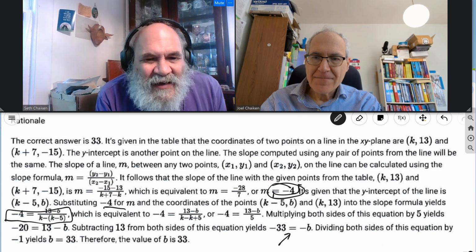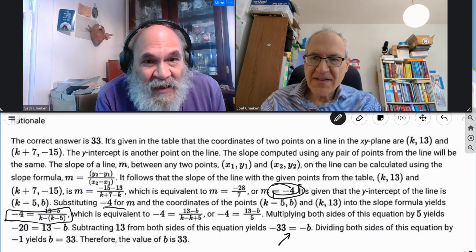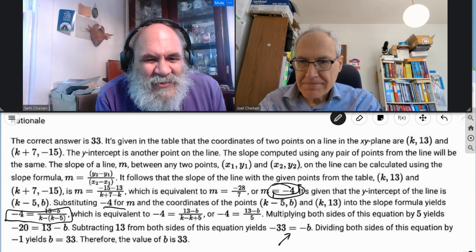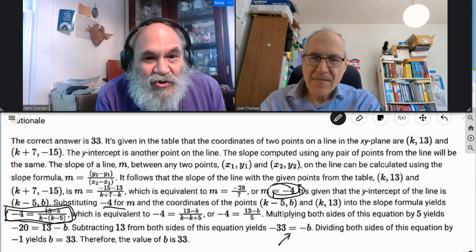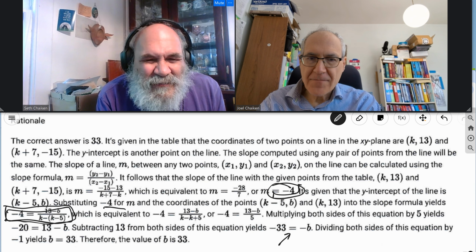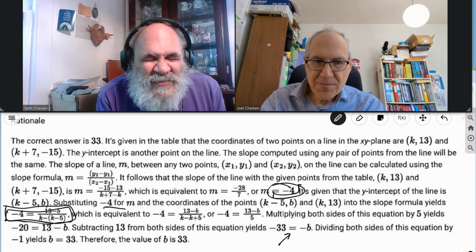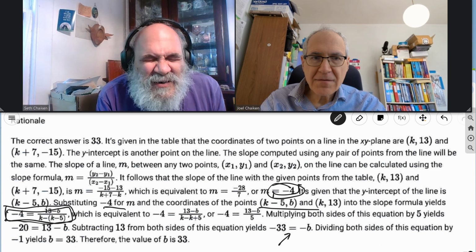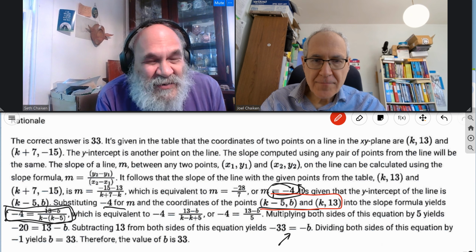Well, let's see. They calculate the slope, and then they use the 2 points. These are the 2 from the table. They put that into the slope formula. Here it is, b is unknown. They just plugged it in.